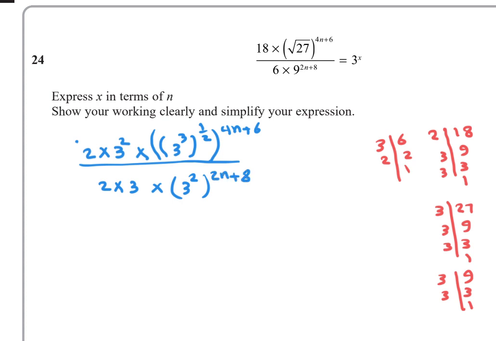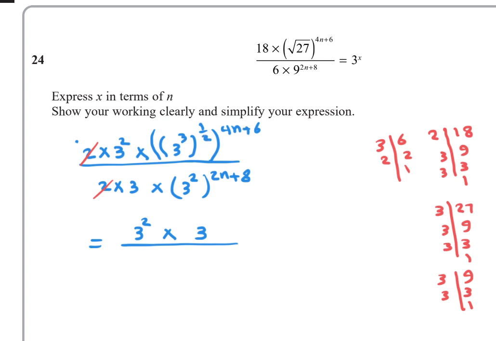We need to simplify the left hand side. This 2 cancelled with that 2. Now for the numerator, you have 3 power 2 times, if you have more than 1 power, multiply all of them. Now first write the base 3.